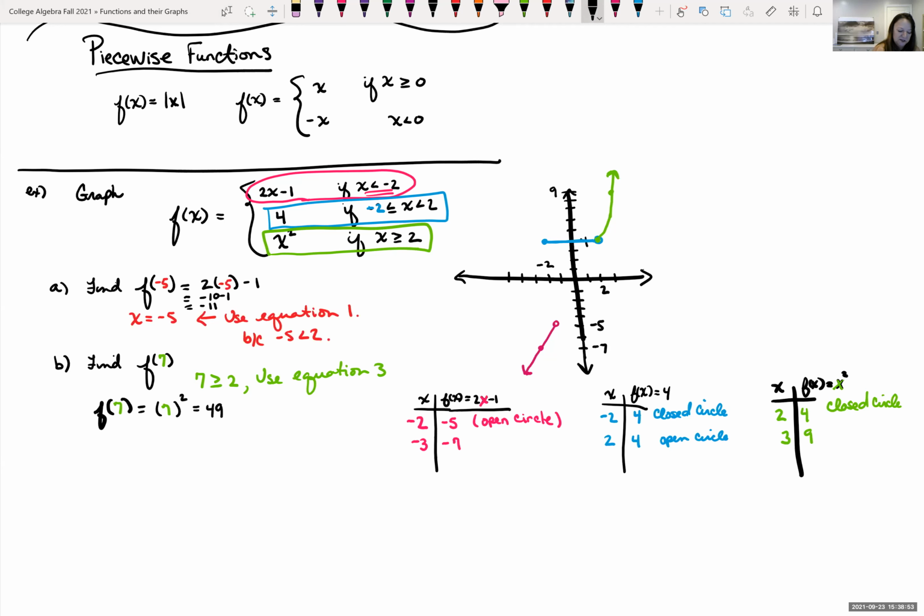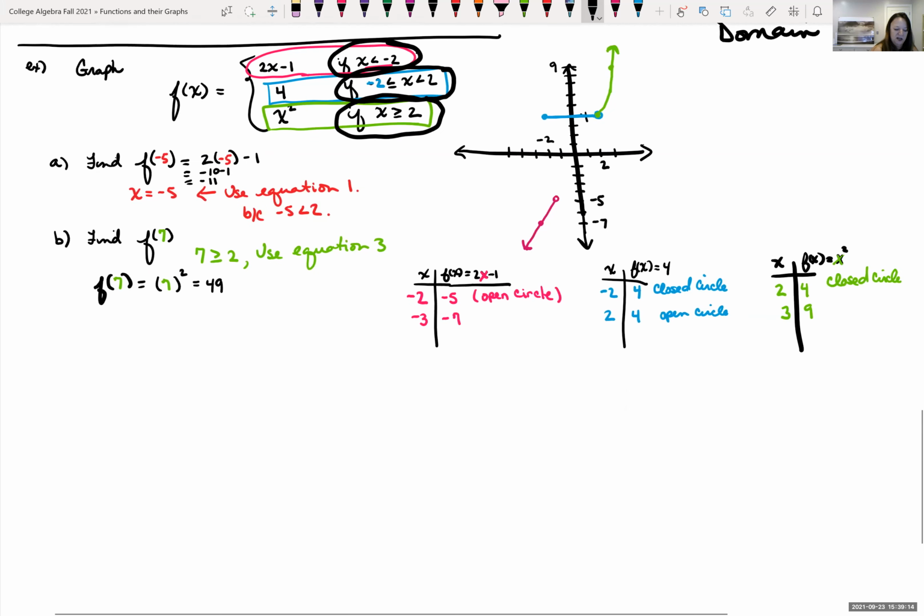We're going to use all values of x less than -2, everything between -2, including -2, but not 2, and everything greater than or equal to 2. So our domain is all real numbers. Just look at the inequalities, and that gives us the domain.